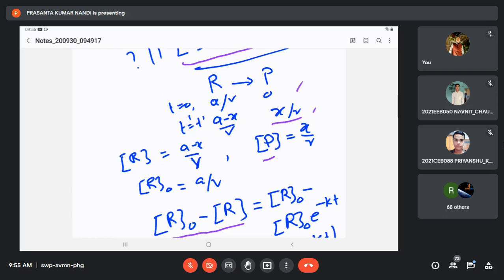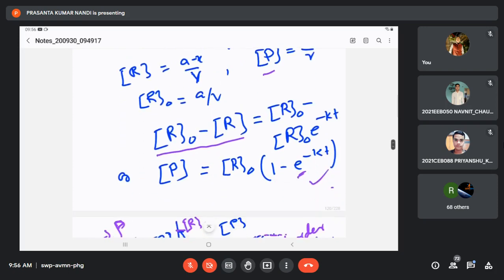That is, the concentration of R plus P equals R0. From that conservation, you can write directly R0 minus R equal to P.